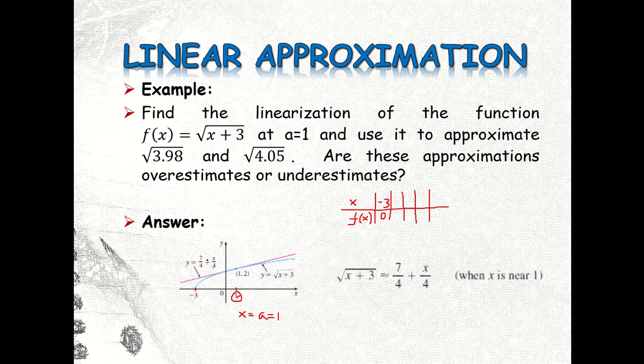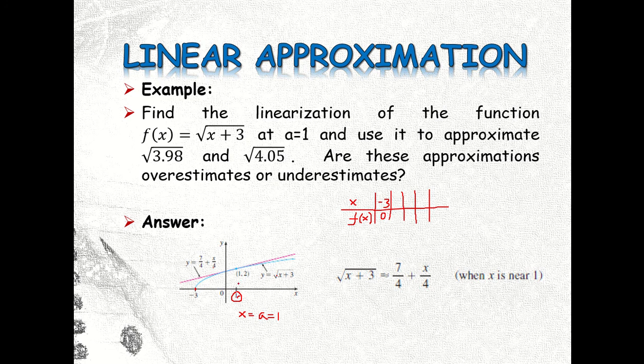So once you obtain this equation of the tangent line, since we know that y is a function of x, and the equation of this tangent line is approximately equal to the equation of the function y equal to square root of x plus 3, therefore we can say that the square root of x plus 3 is approximately equal to this, the equation of the tangent line.